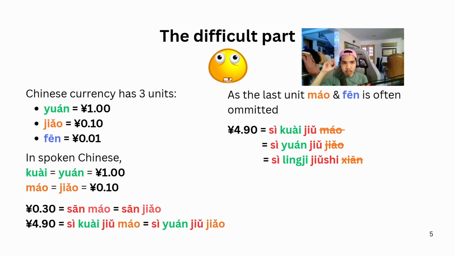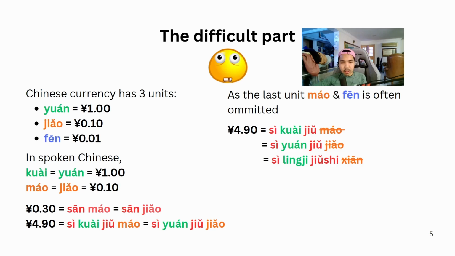There are 3 units, which is yen, 1 Chinese yen, because yen is the Chinese currency in China, and jiao is 10 cents, which is 10 jiao equals to 1 yen. And fen is 1 cent, which means 10 fen becomes 1 jiao. So there are 3 units to it. So you can say it's like a tertiary currency.